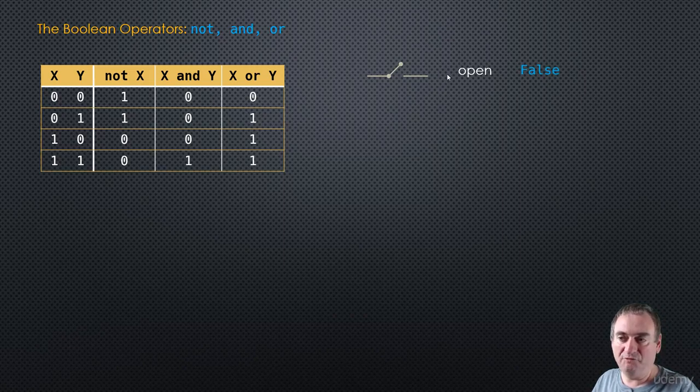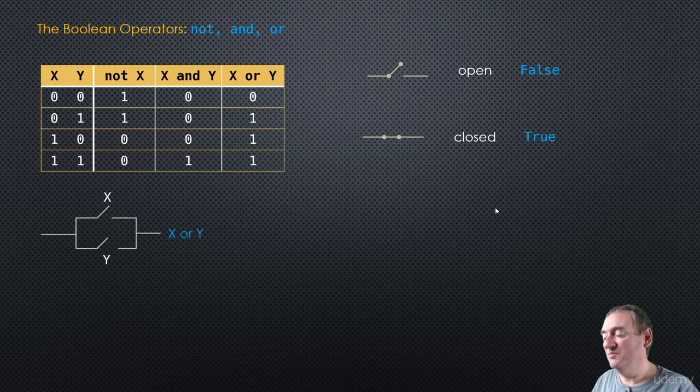The result would be in a false state when our switch is open or false. On the other hand, when the switch is closed, we consider the switch to be in a true state, and it allows current to flow through. And so if we have current coming in on this side, then we have current coming out on this side, and we would consider that as a true result.